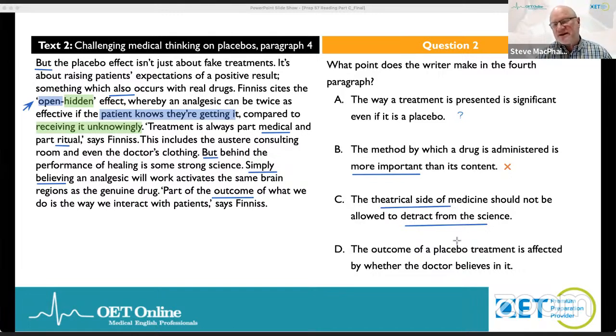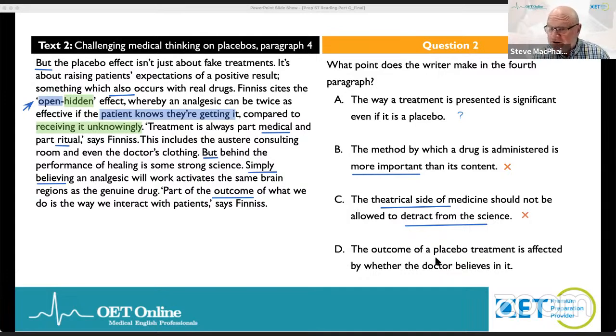But that's not what it's saying here. It's not supporting science, is it? It's saying they are both of importance. So it's not saying science is more important. It's saying they're equal. So I don't think it's C.